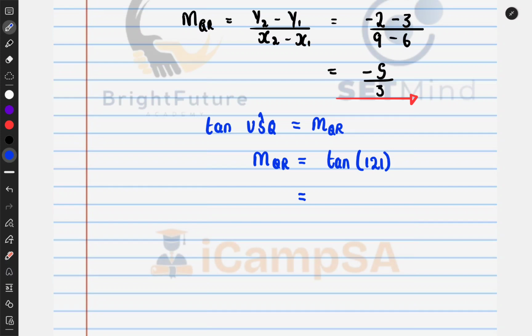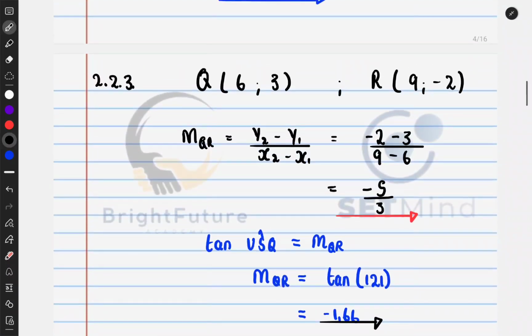We are getting negative 1.66. Let's see, negative 5/3. Yes, we are getting negative 1.66, which is the same as when we convert negative 5/3 to decimal. Those two are the same.